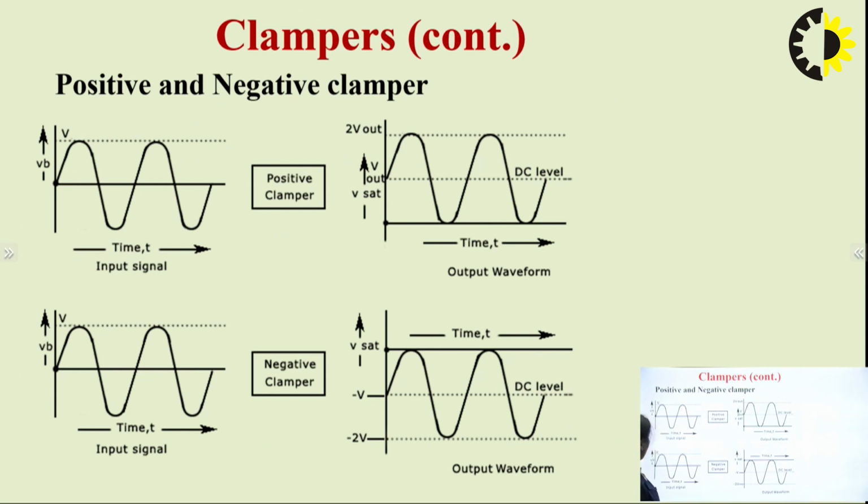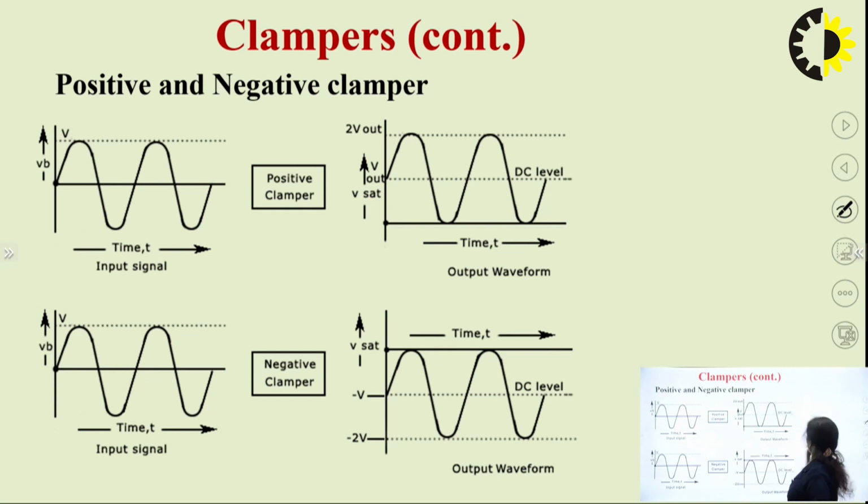Here you can see the circuit. This is the signal, and here we have the DC level. Clampers are categorized into two parts: positive clamper and negative clamper.